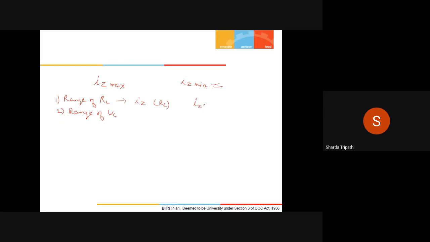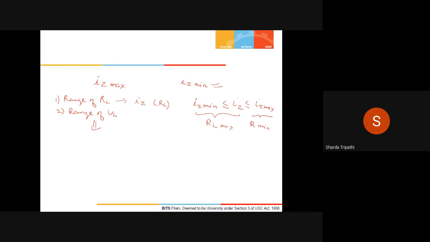That means IZ min should be less than or equal to this expression, and it should be less than or equal to IZ max. So by taking this condition, you will get the value of RL max and by taking this condition, you will get the value of RL min.